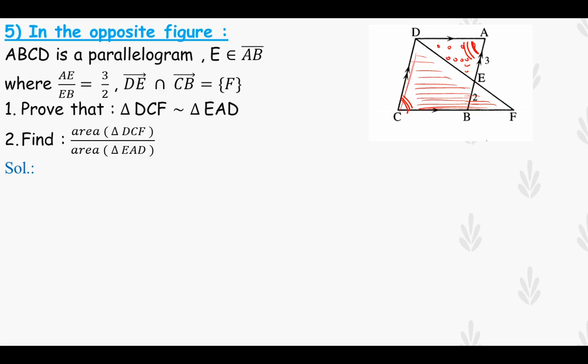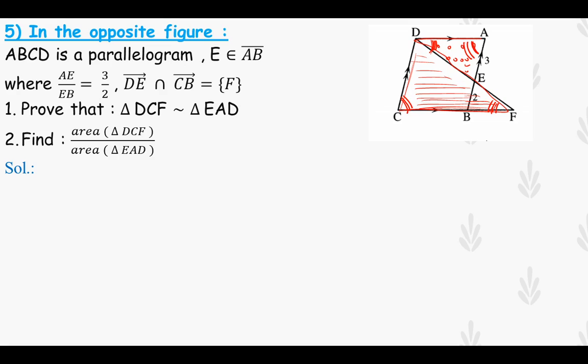And you know that the measure of angle D is also equal to the measure of angle F, alternate angles. We know that AD is parallel to CF and DF is the transversal, so this is a Z shape. Now we have two angles in the first triangle equal to two angles in the second triangle: A equals C, opposite angles, and the measure of angle ADE equals the measure of angle DFC, alternate angles.